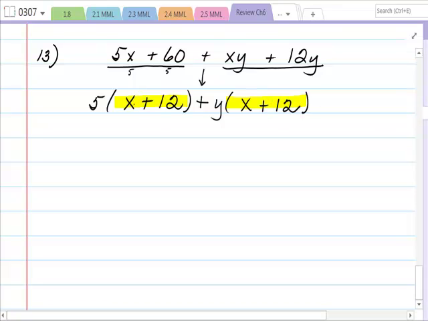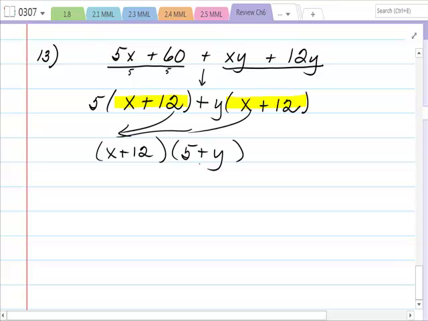That's a common binomial factor. I factor it out, x plus 12, and what's my other factor? 5 plus y. You check it with FOIL and it will regenerate those four terms, but not necessarily in the order they're listed. Is that okay?